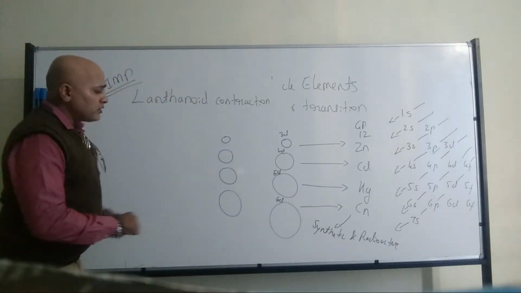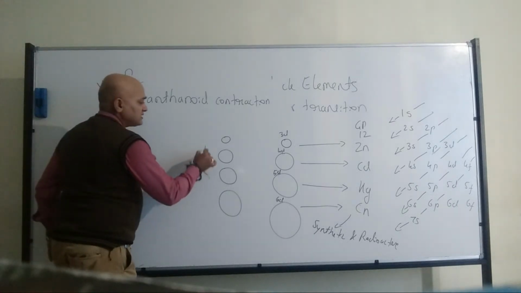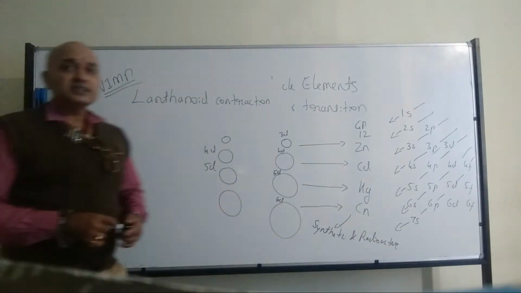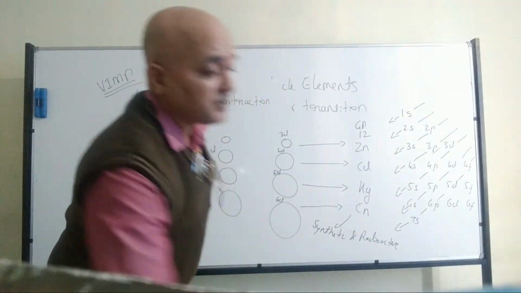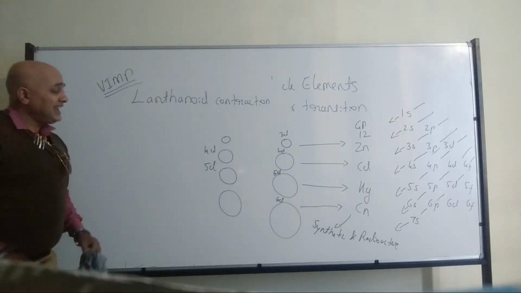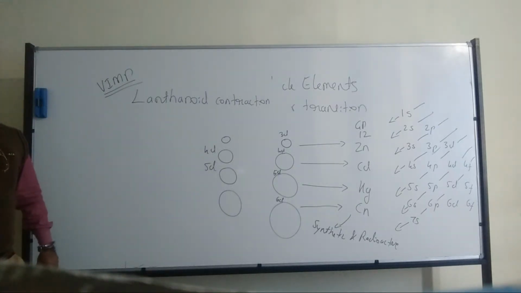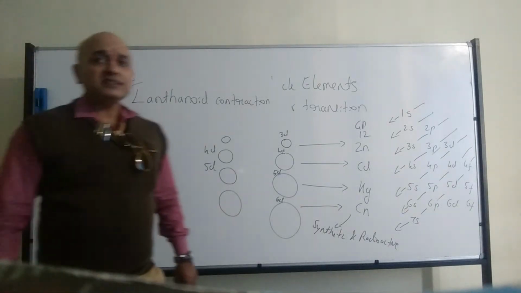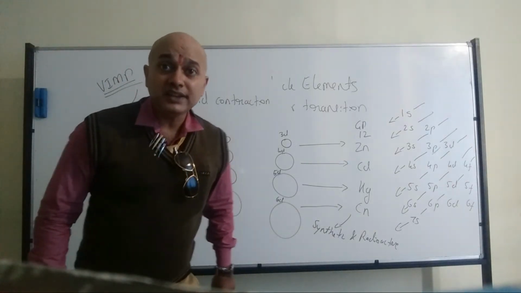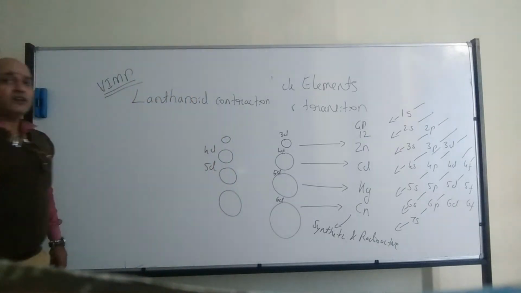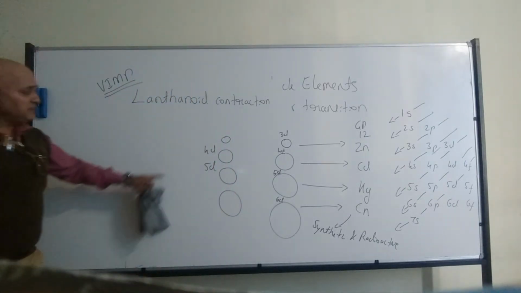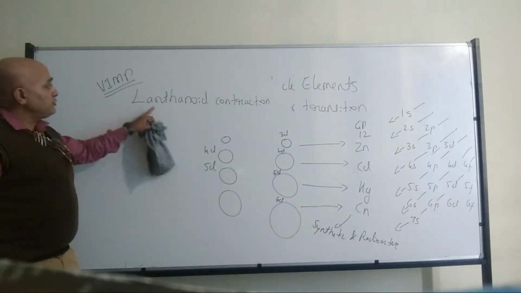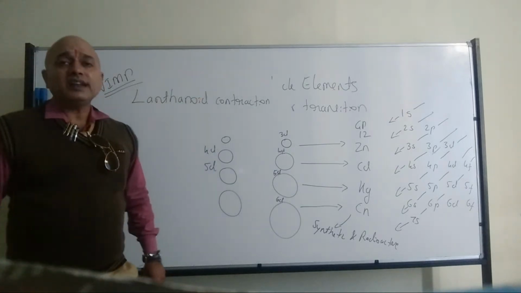There is almost similar atomic size when it comes to 4D and 5D. Right? So this similarity in the atomic size of 4D and 5D results from the Lanthanoid contraction.